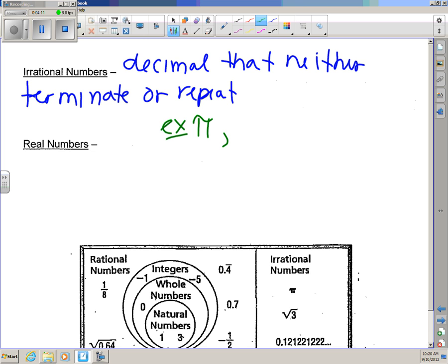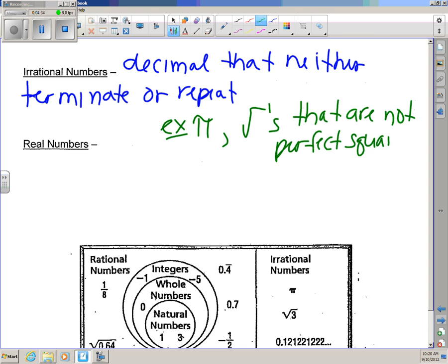So the square root of 4 is just 2. The square root of 5 is a long decimal that never terminates and never repeats. So the symbol pi, and square roots that are not perfect squares, are the majority of numbers that are going to be considered irrational.